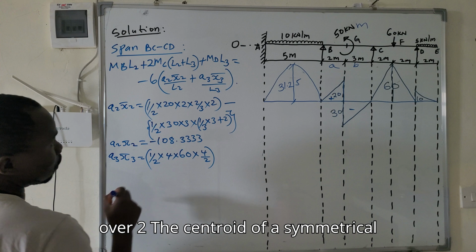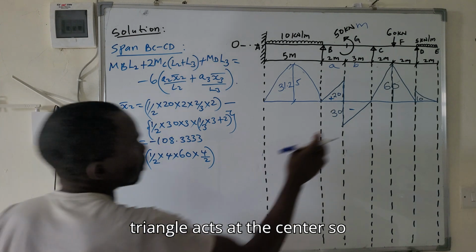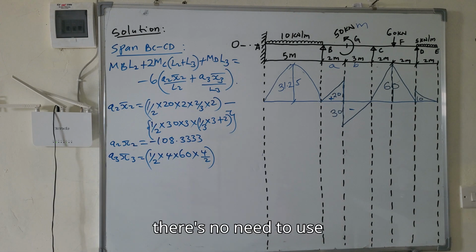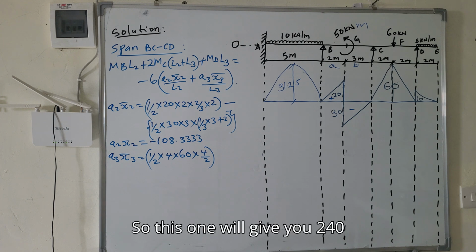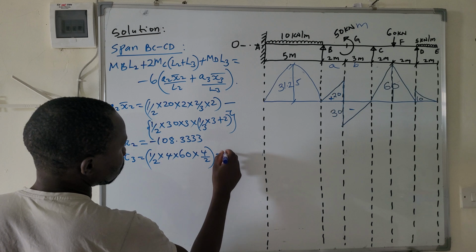The centroid of a symmetrical triangle acts at the center, so there's no need to use B plus L over 3. So it acts at the center. So that is it. This one should give you 240.